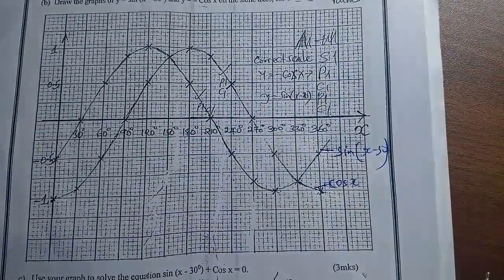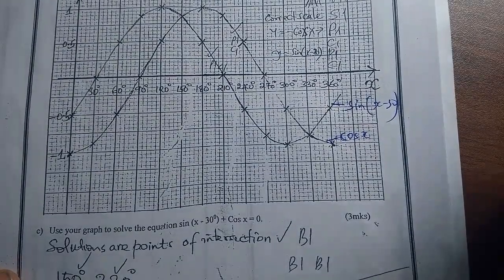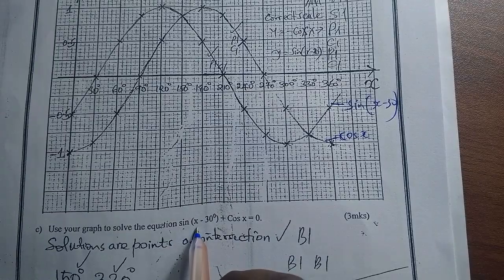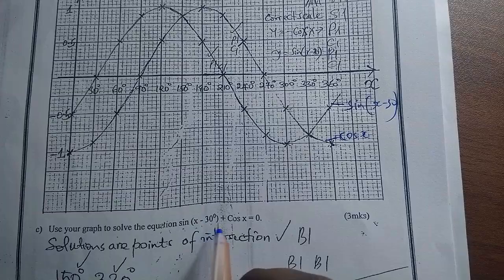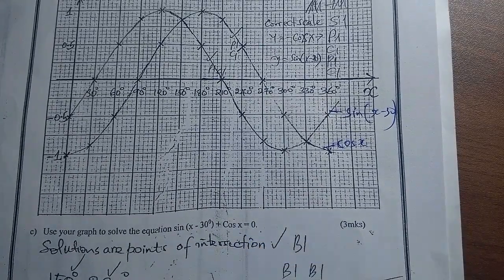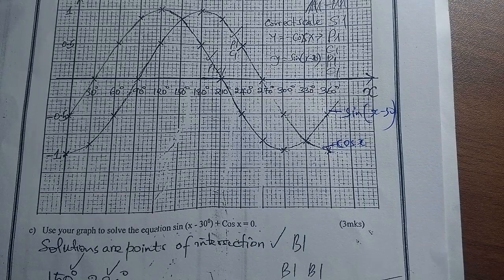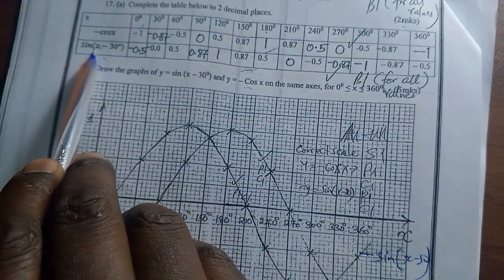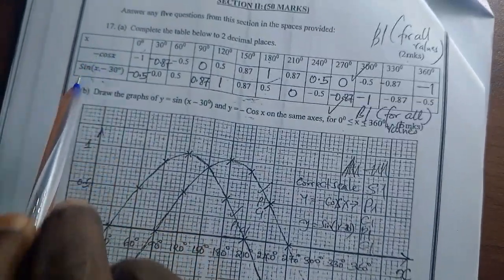Now the question part is where students get a problem. Use your graph to solve sin of x minus 30 plus cos x is equal to 0. This is an equation. This is actually the same as the functions we were given: sin of x minus 30 and negative cos x.